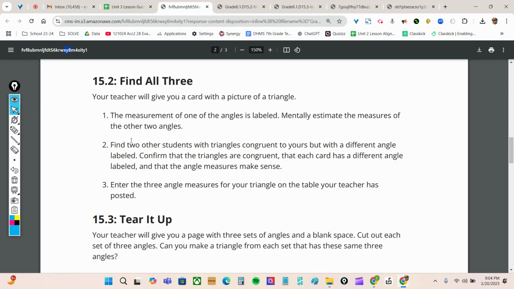Mentally estimate the measures of the other two angles. Find two students with triangles congruent to yours but with a different angle labeled. Confirm that the triangles are congruent, that each card has a different angle labeled, and that the angle measurements make sense. Enter the three angle measurements of your triangle on the table your teacher has posted.